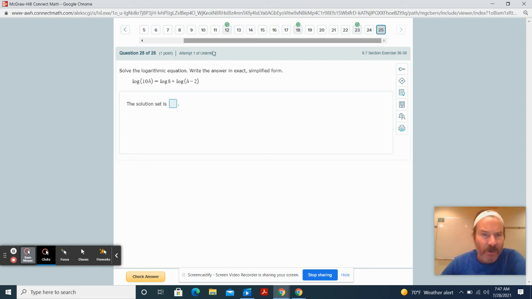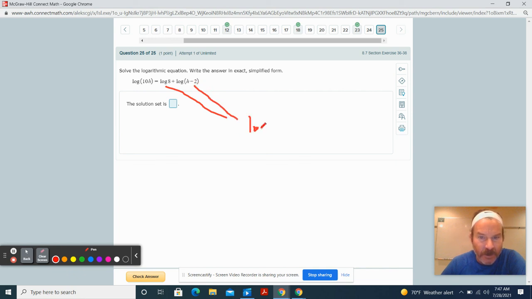So if there's 2 logs on one side, we're going to have to use a property and combine these two. So make sure you use the right property. That is going to be the multiplication property.